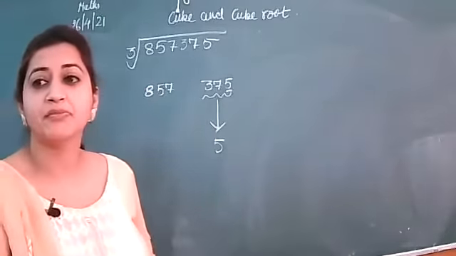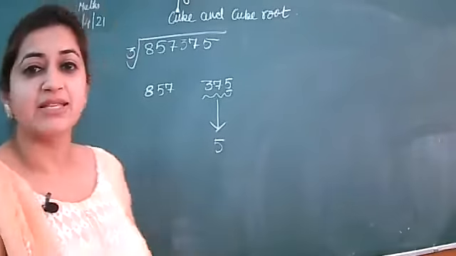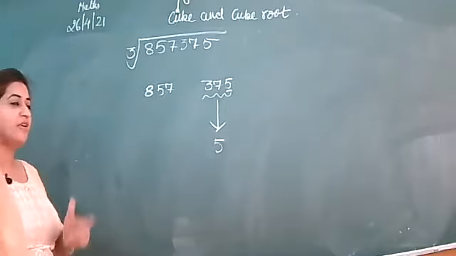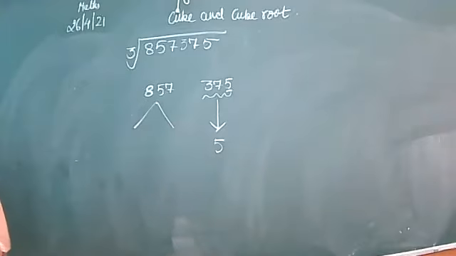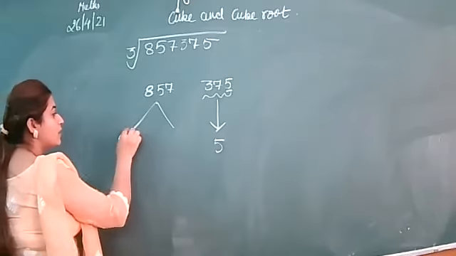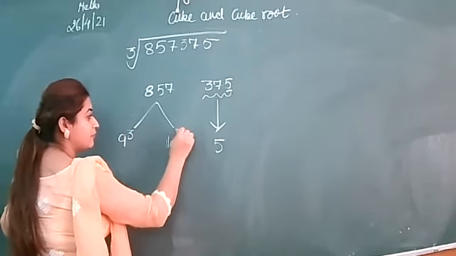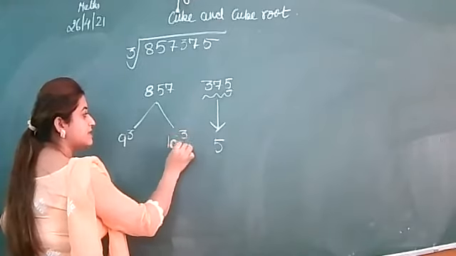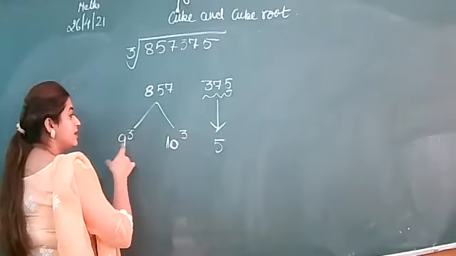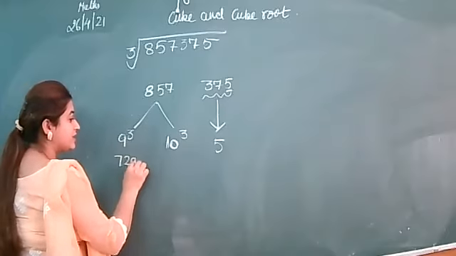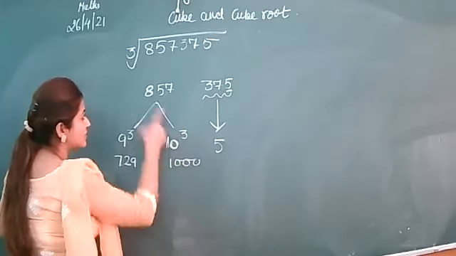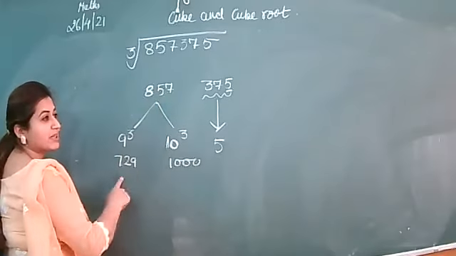Okay? Now the next thing is this 857 lies between 9 cube and 10 cube. 9 cube is 729, 10 cube is 1000, and this number lies between them.